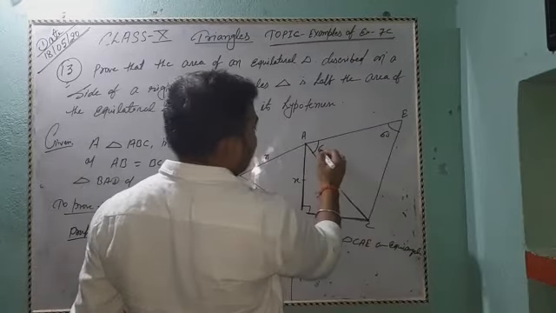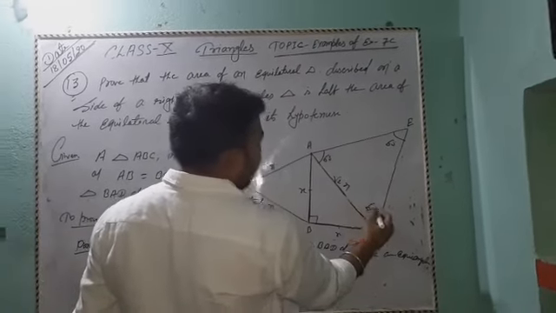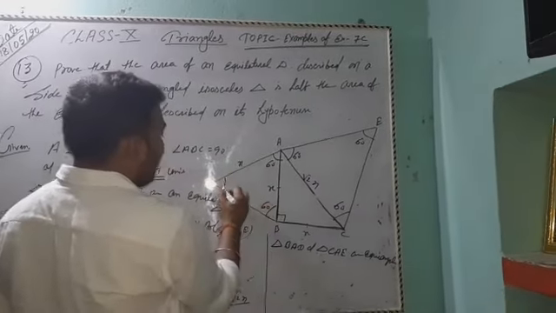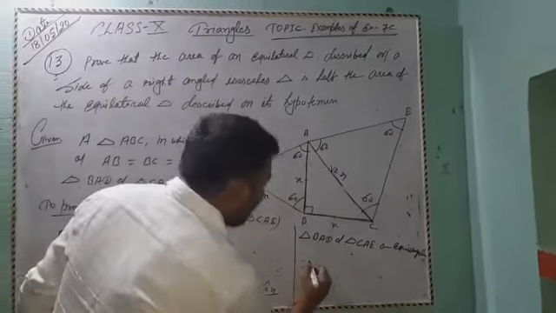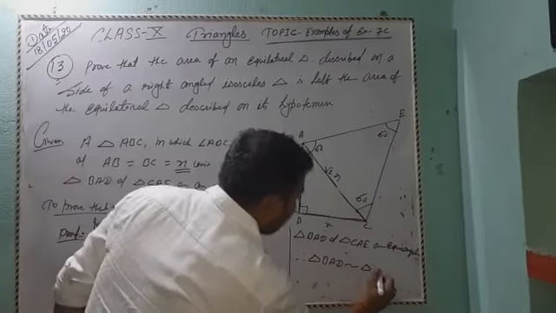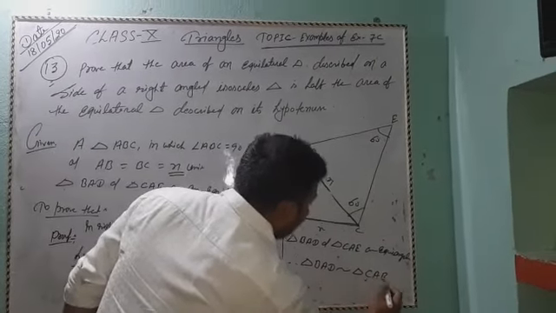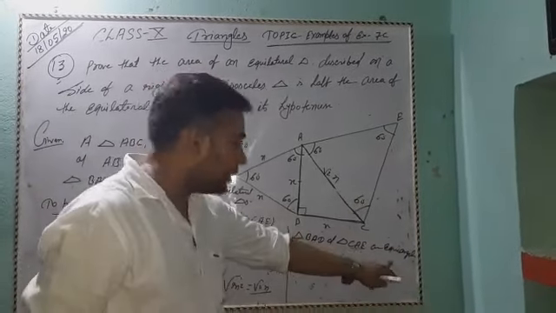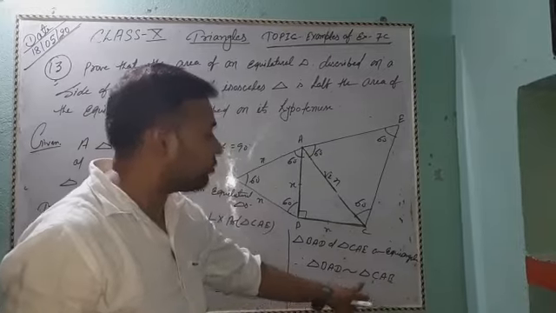This angle 60 degrees, 60 degrees and 60 degrees. These are 60 degrees, 60 degrees and 60 degrees. So triangle BAD is similar to triangle CAE.